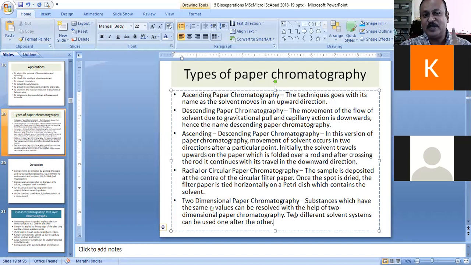In two-dimensional electrophoresis, we used two different techniques: for example, tube gel electrophoresis or isoelectric focusing, and then SDS-PAGE in the second dimension. Similarly here we use two different solvent systems so that we can separate sample components which have similar polarities in one solvent system and different polarity in another solvent system. Is it right?